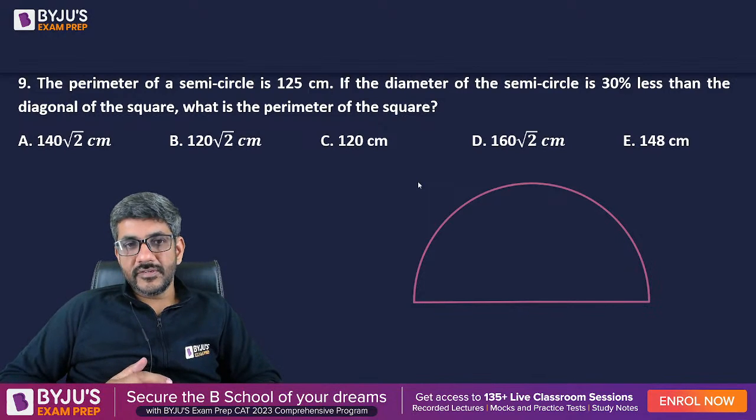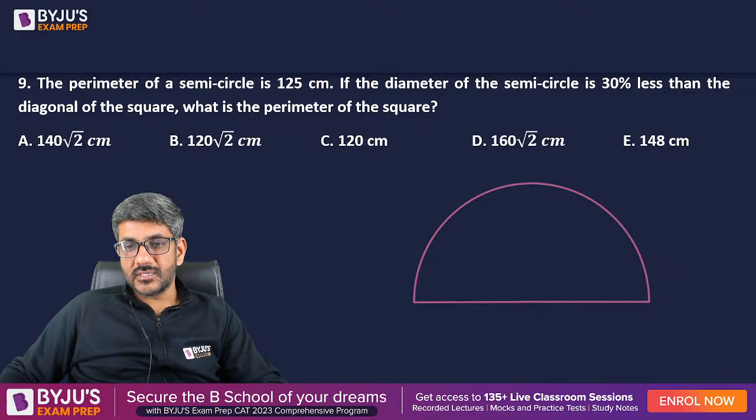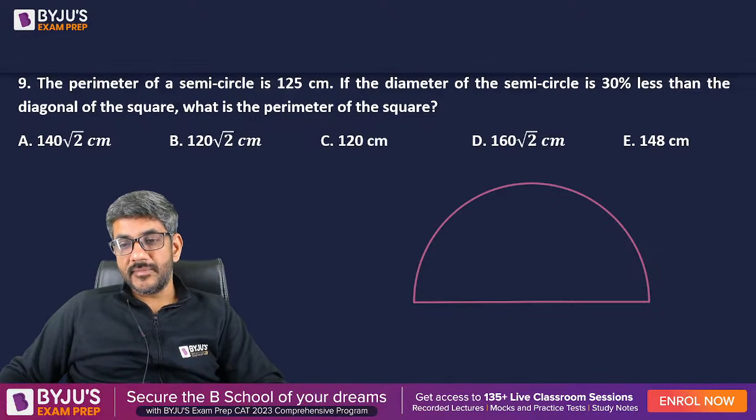The perimeter of a semicircle is 125. If the diameter of the semicircle is 30% less than the diagonal of a square, what is the perimeter of the square?